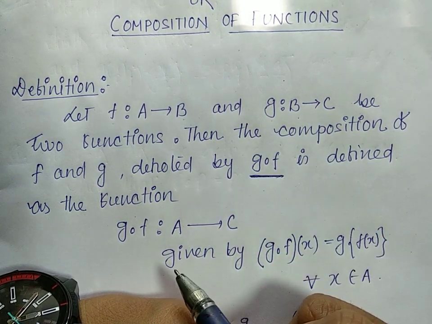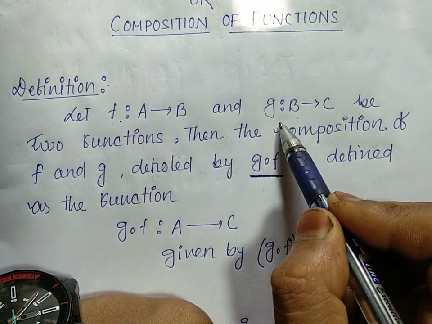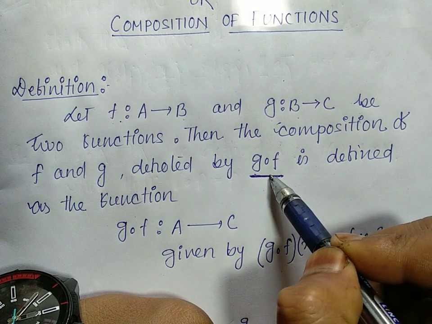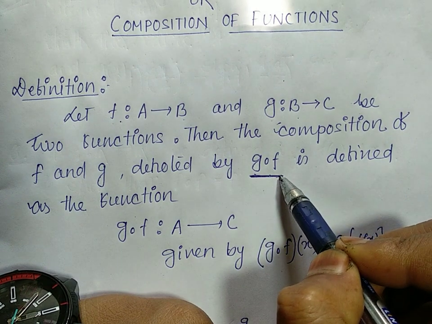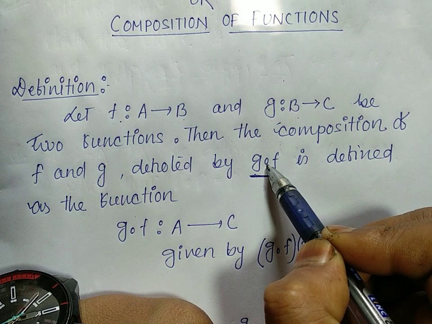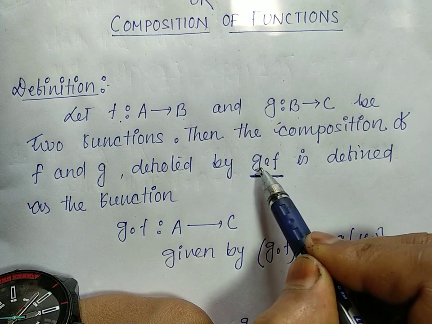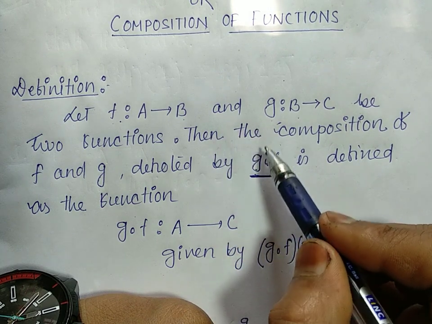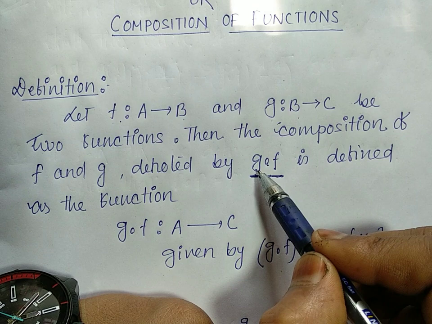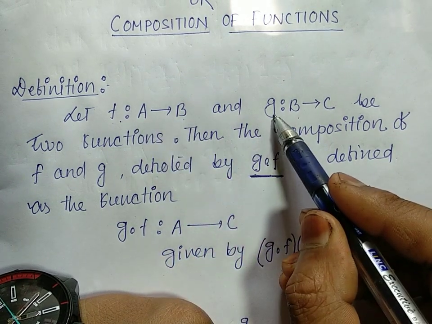This is the representation. If f is considered first and g is considered second, then the composition will be g naught f. Different authors write this symbol in different ways, so I am saying g naught f, or you can say g of f. Whenever we have to write the composition of two functions, we use this symbol g naught f, if f is the first function and g is the second function.